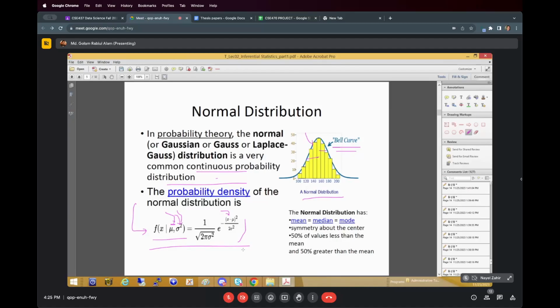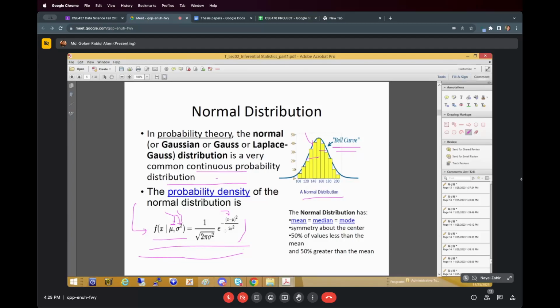This equation, I think you have seen many times. Specifically, this equation for the Gaussian distribution is used in regularization, and this distribution is also used in Gaussian naive Bayes, the naive Bayes method.